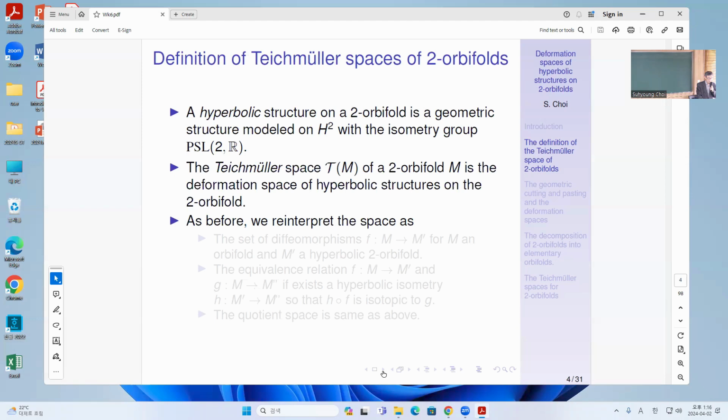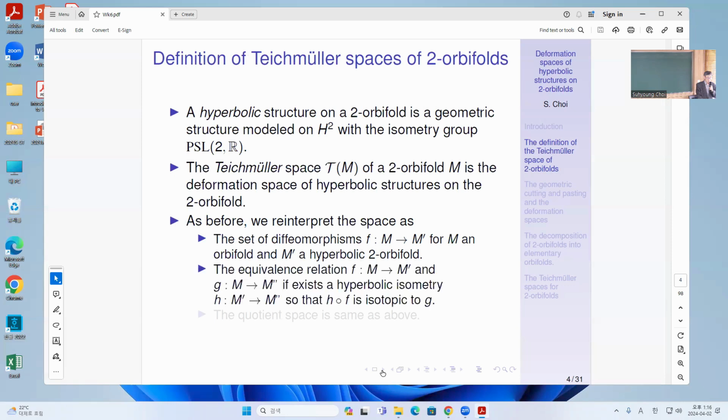So as before, we can reinterpret the spaces as a set of diffeomorphisms f from M, a fixed orbifold, to M prime, a hyperbolic two-orbifold. And the equivalence relation between these two is that there is an isometry h so that h circle f is isotopic to g. So when Riemann was just looking at these spaces, he didn't have this kind of extra f here.